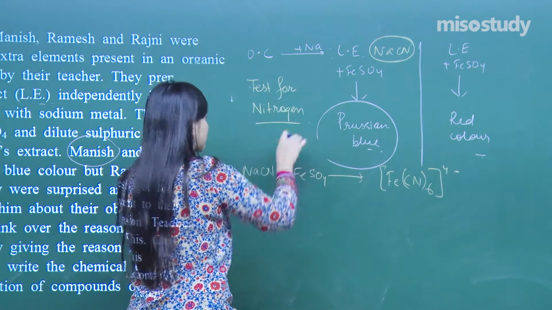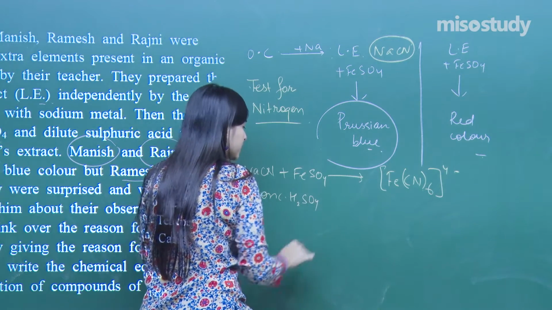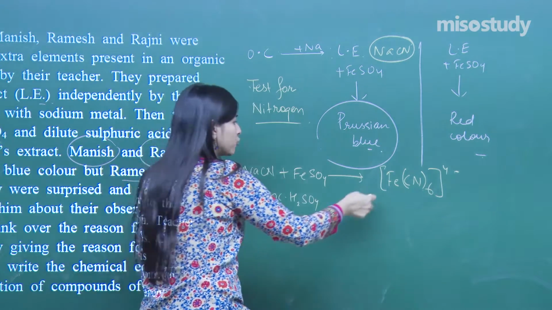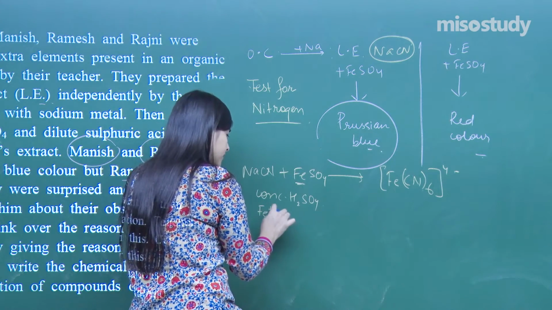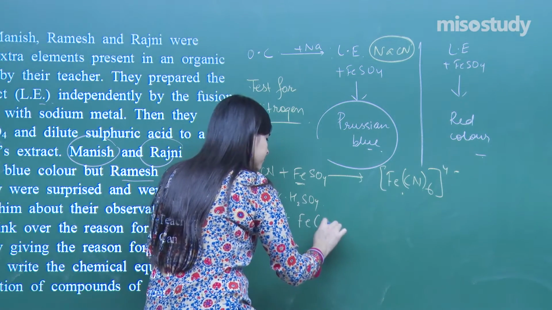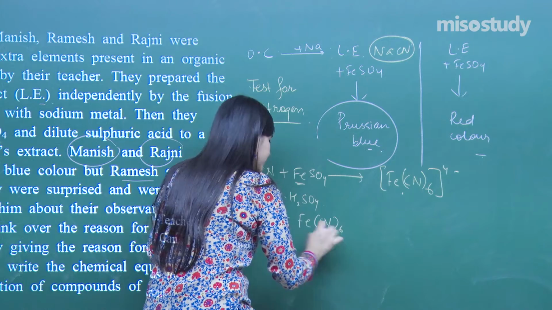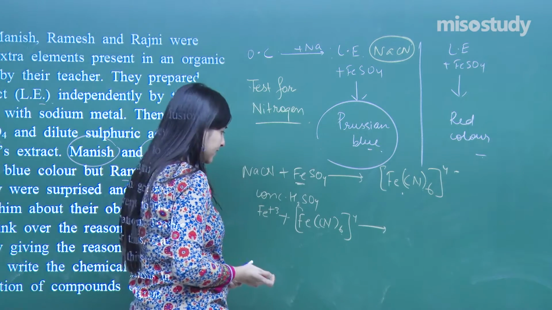Now due to the addition of concentrated H2SO4 in this reaction, some of the Fe2+ ions get converted into Fe3+, which again react with this compound formed, right? And what do we get in this scenario?